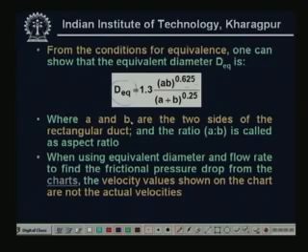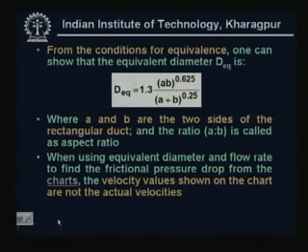The ratio A to B is called the aspect ratio. So, if you know the two sides of the duct, then you can find out the equivalent circular duct diameter, which will give the same volumetric flow rate and also the same friction loss. So, that is what you have to keep in mind.